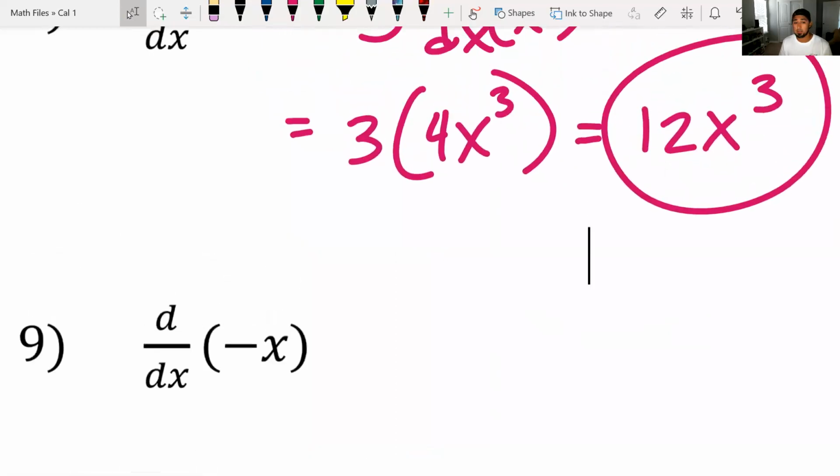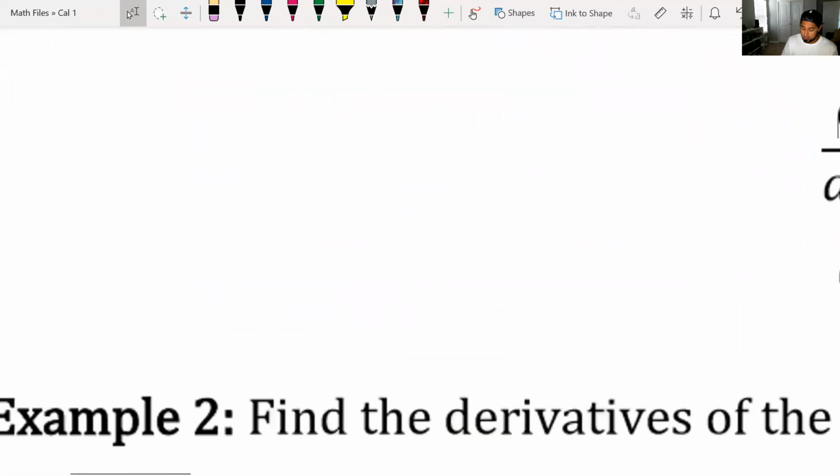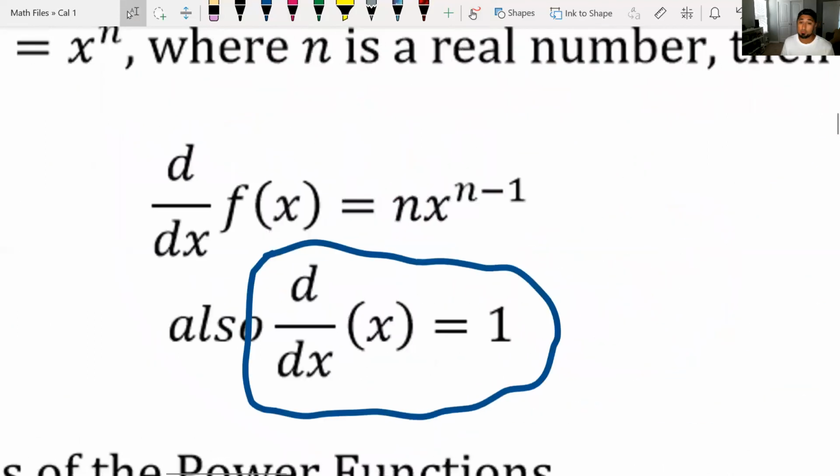D over dx of negative x. Okay. Let's go back a little bit. Rewind right here. The derivative of x is always 1. So this means that for the next problem, the derivative of negative x should be -1.